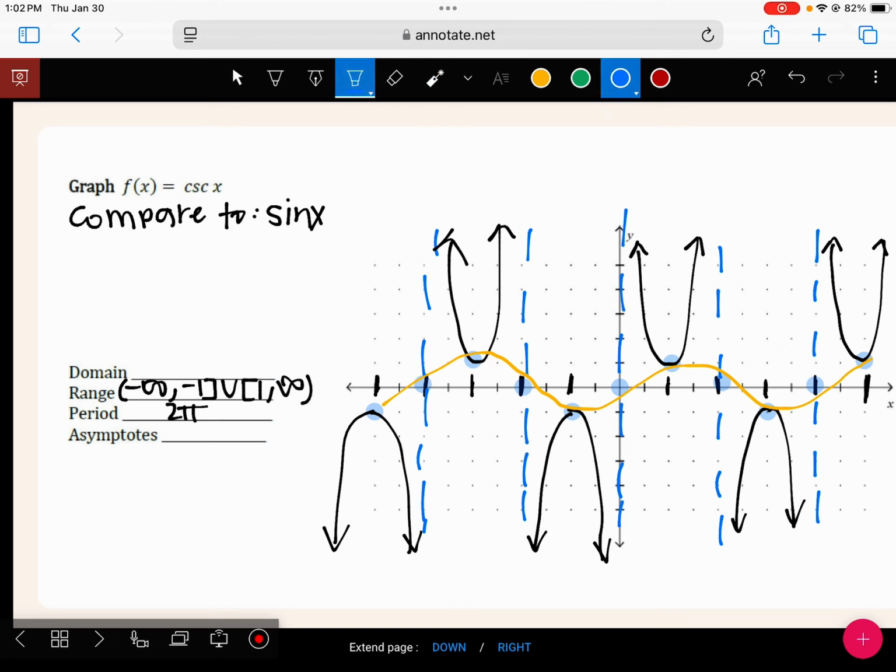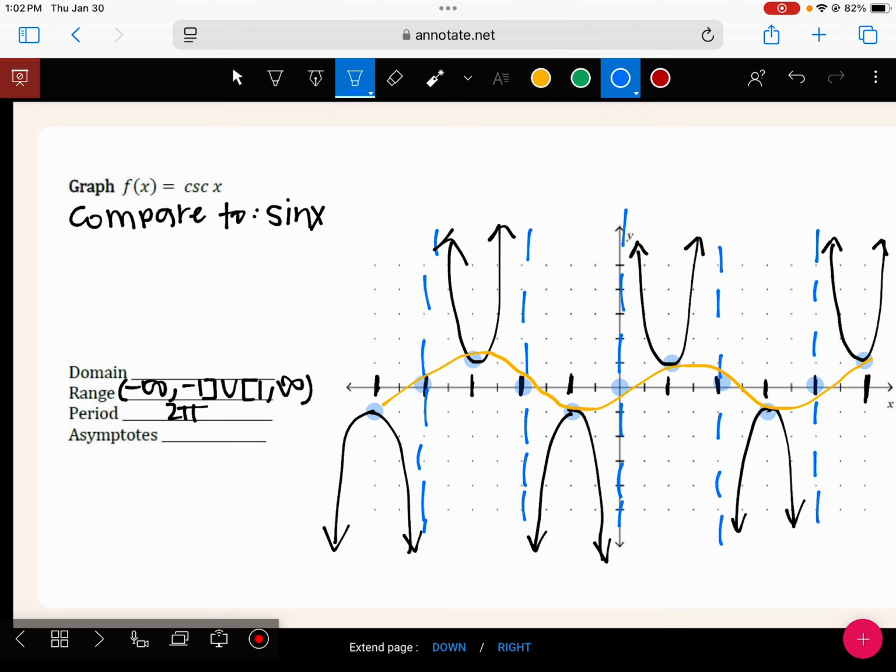Okay. Now, we can either look at this dotted line right here on the y-axis, or this next one. Where is that located? This one right here is 3 pi over 2.